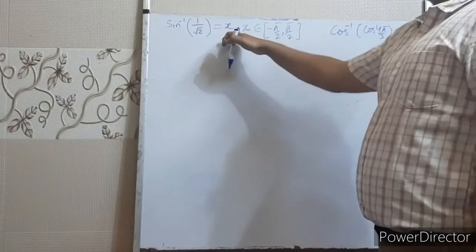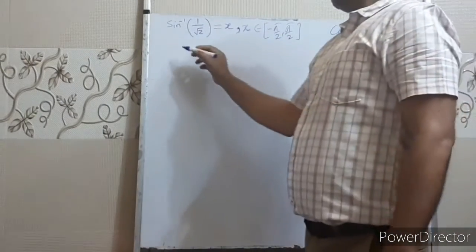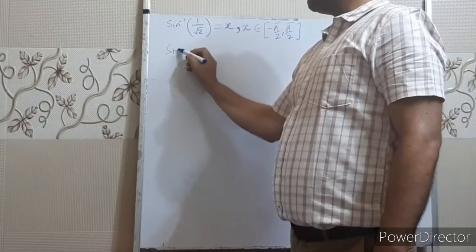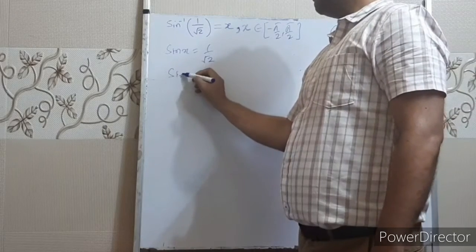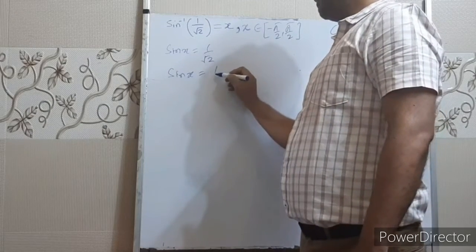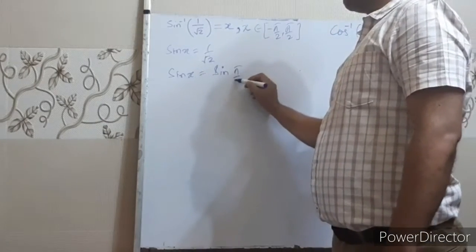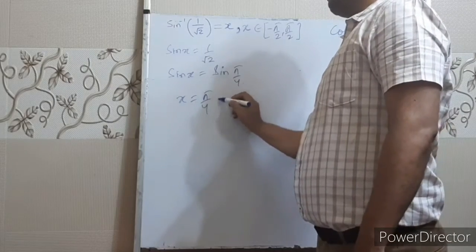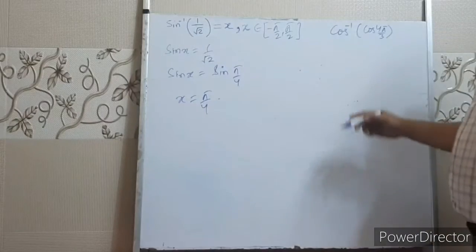That means the value of x, whatever comes, will be in between this interval. So sine inverse 1 upon root 2 equals x, that means sine x equals 1 upon root 2. And we know that 1 upon root 2 in sine is sine pi by 4. So the value of x will be pi by 4, which is lying in this interval.